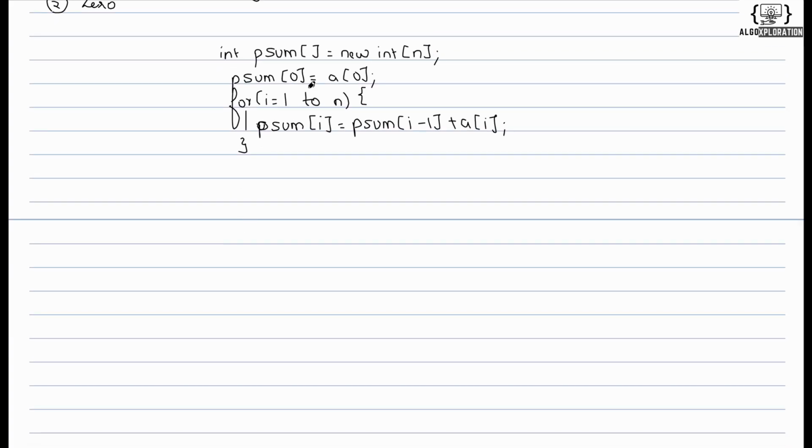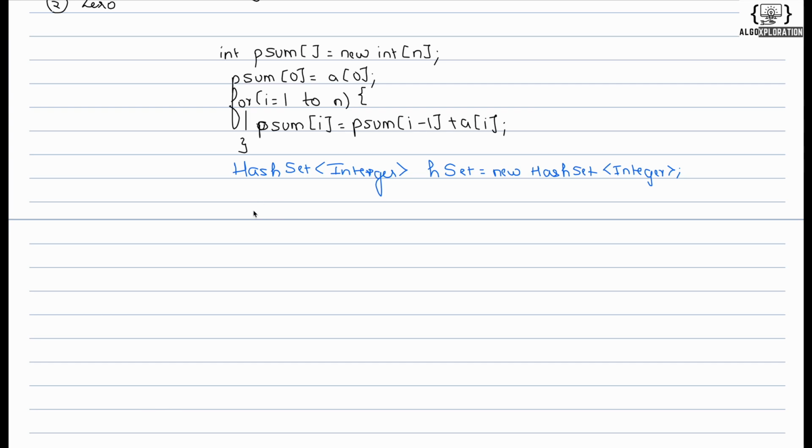Now let's create the hash set. So a hash set, inside which integer values are stored. I'm going with the representation of Java. You can find it in your own programming language. So new HashSet of Integer.